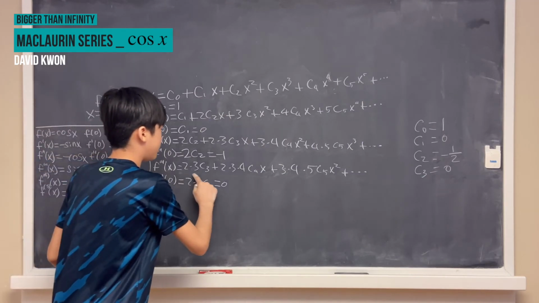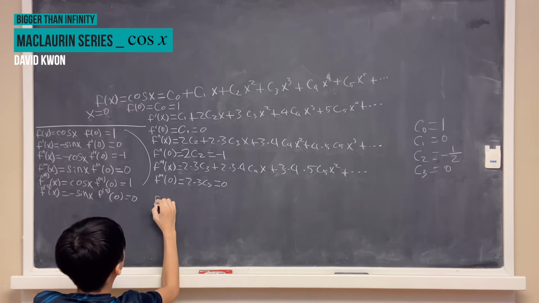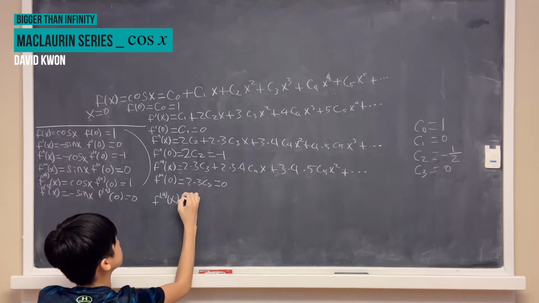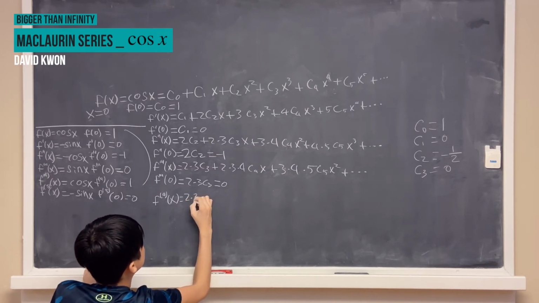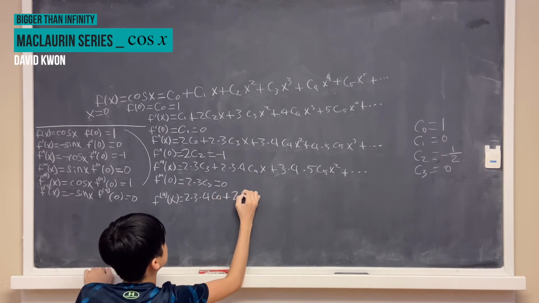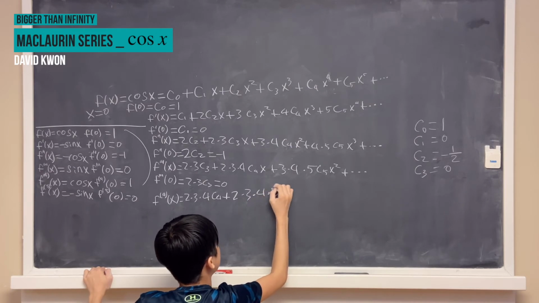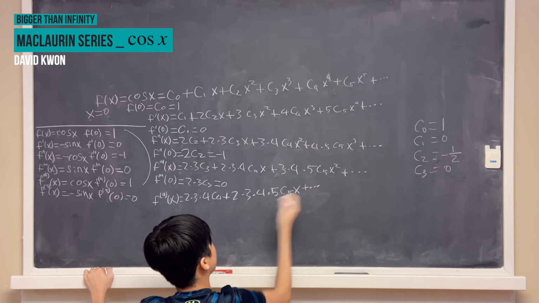Now differentiating this function, we have f to the power of 4 x is equal to 2 times 3 times 4 times c sub 4 plus 2 times 3 times 4 times 5 times c sub 5 times x plus dot dot dot.